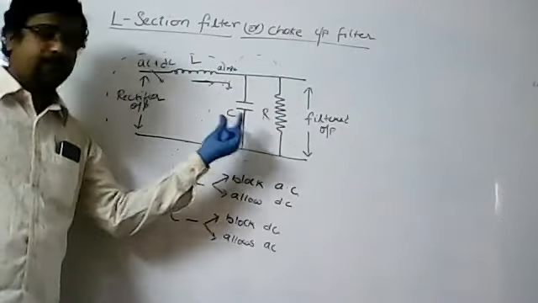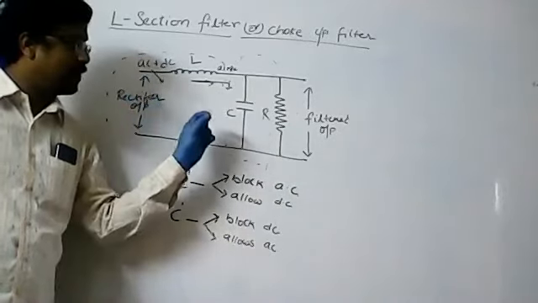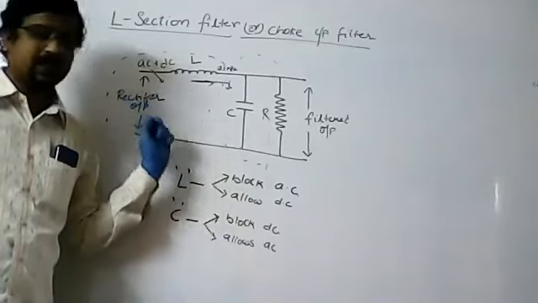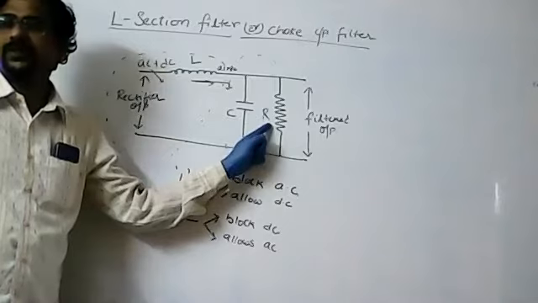Now, as I already told you in the shunt capacitive filter, the value of the capacitor is chosen such that the reactance is smaller than the value of the resistance.